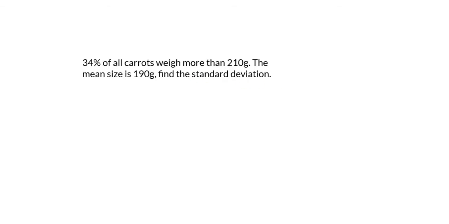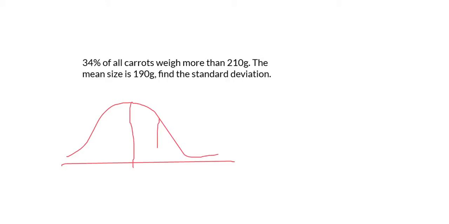Now, in order to do this, what we need to know is how many standard deviations away from the mean 34% would be. So if I look at our standard normal curve, we're looking for the top 34%. What we're going to do is pretend that the mean was 0 and the standard deviation was 1.